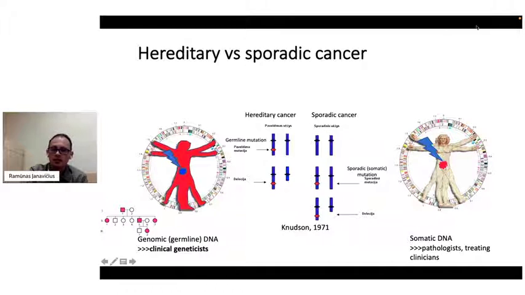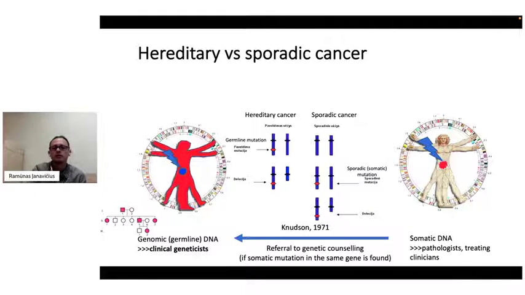And obviously, after performing somatic profiling, testing of tumors, we can inevitably identify potential germline events, and therefore it's very important to refer to genetic counseling if a somatic mutation in the same genes is found after tumor testing.